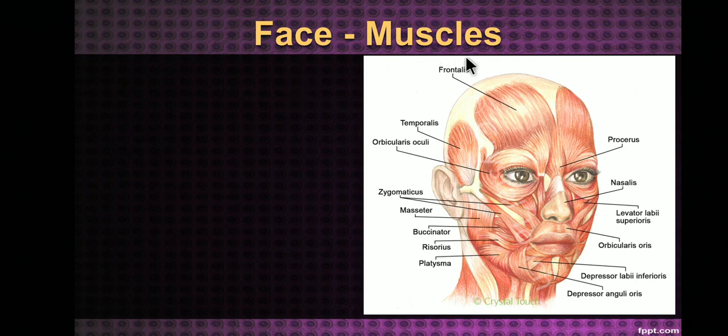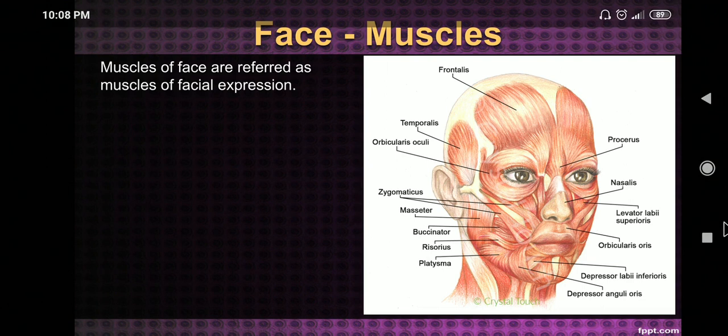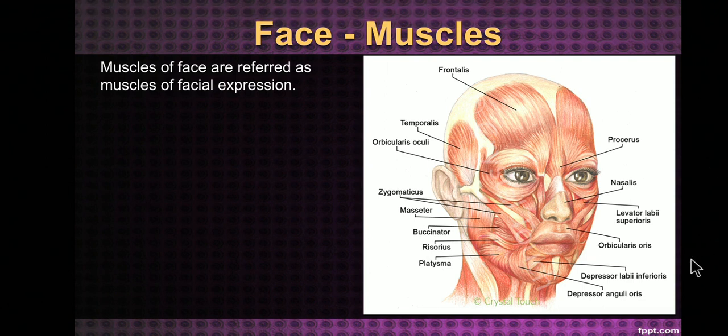So we all know that the muscles of the face, we call them the muscles of facial expression. These muscles of facial expression have this only as a secondary function, but their primary function is that they are concentrated around the three openings of the face.